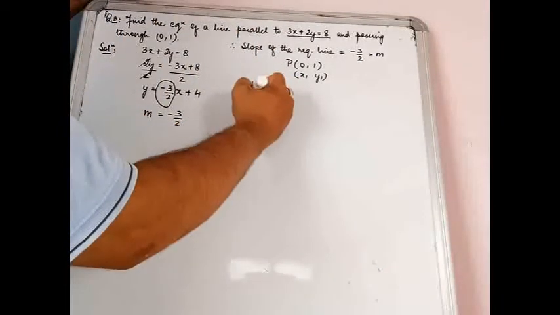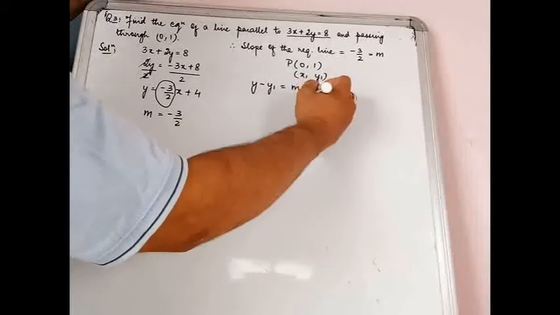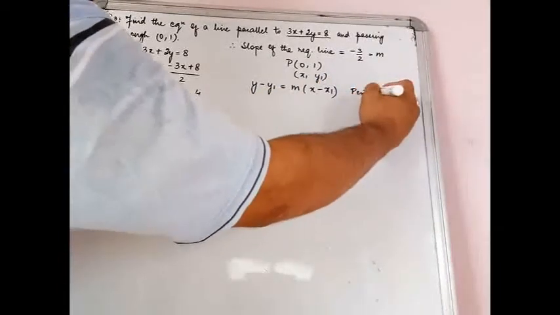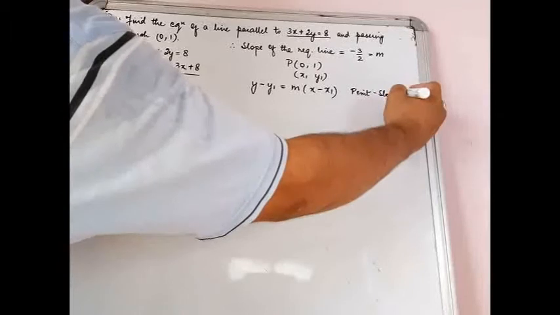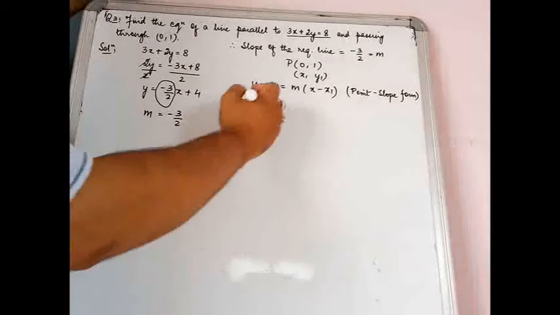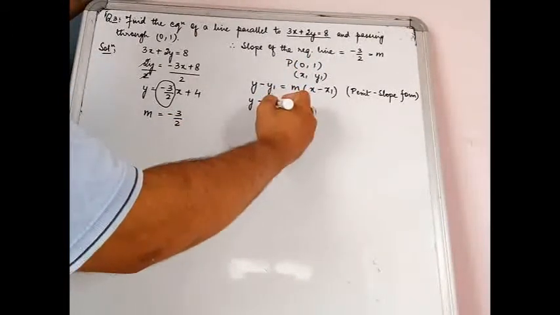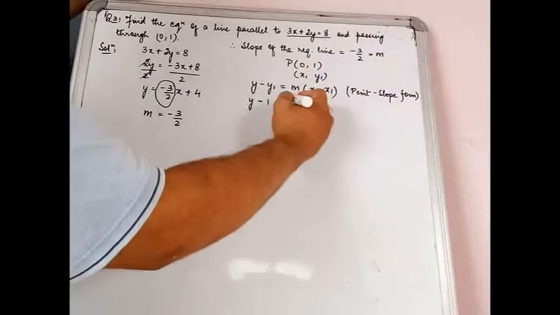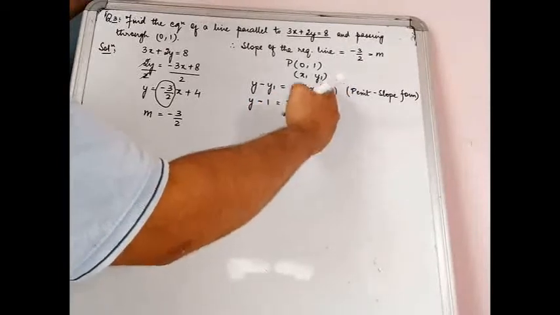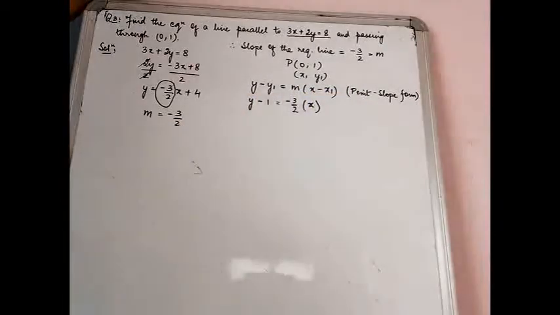So we have y minus y1 is equal to m(x minus x1). This is the point slope form that we are applying. So y minus y1, so y1 is 1, equal to m is the slope, we have already found out the slope, minus 3 by 2, and then x minus x1. x1 obviously is 0, so you actually don't have to write anything, you will simply write x.